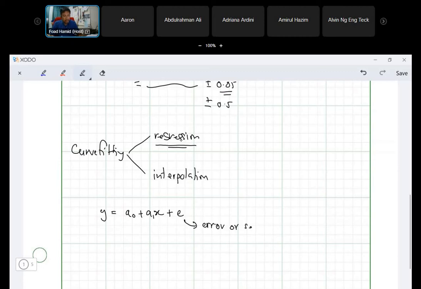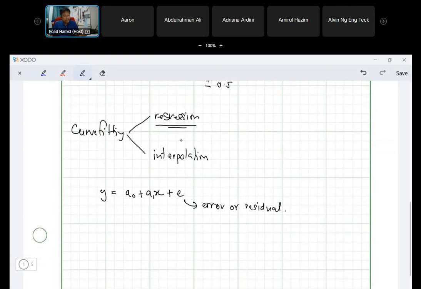Residual is the leftovers. Note that if E is small, then our model, our line, is more accurate. So the idea behind this is to make E as small as possible, or minimize it.